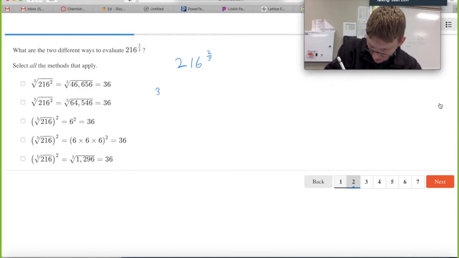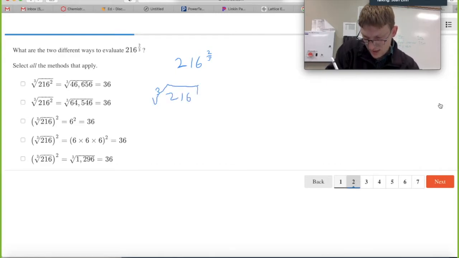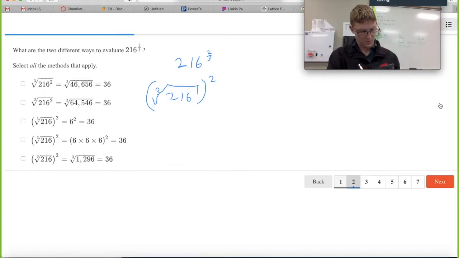Oh no, there goes my cube root. Cube root of 216, and then we take that answer and we square it. Because I totally know the cube root of 216, is it 72? That's not right. It's totally 6, right?